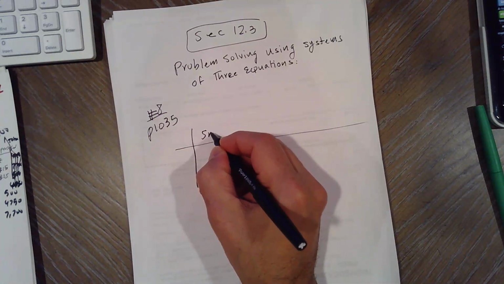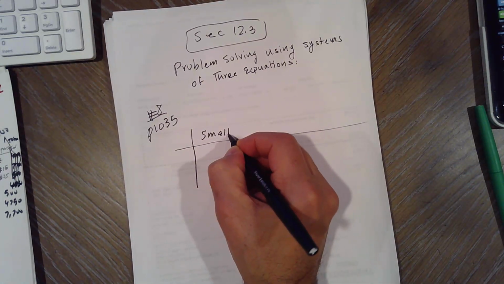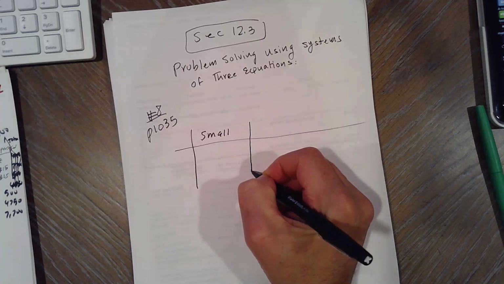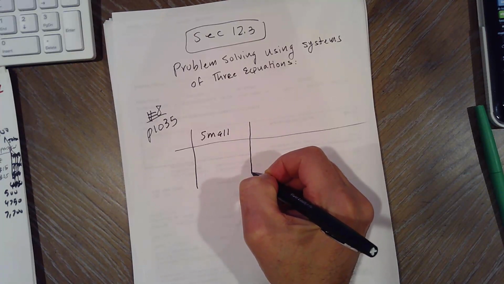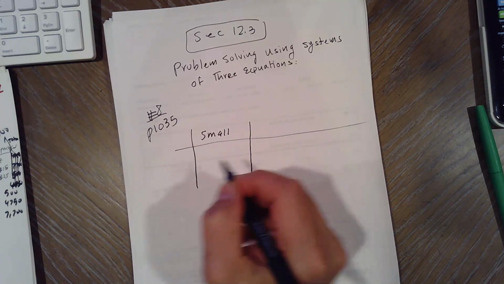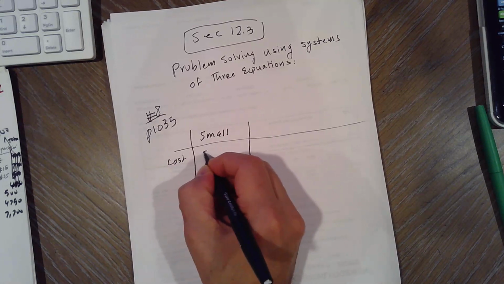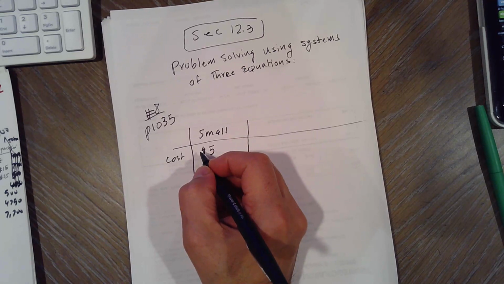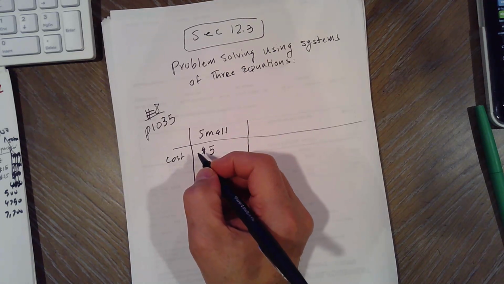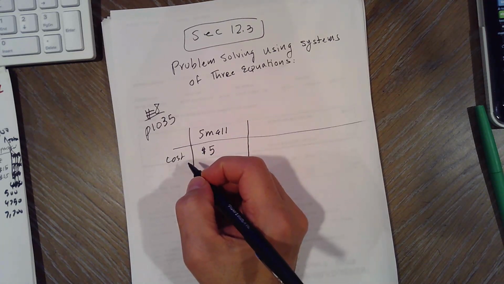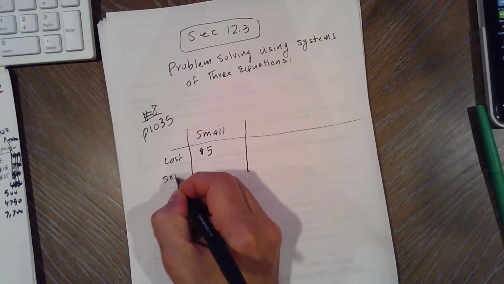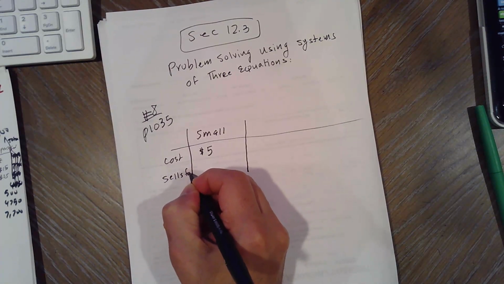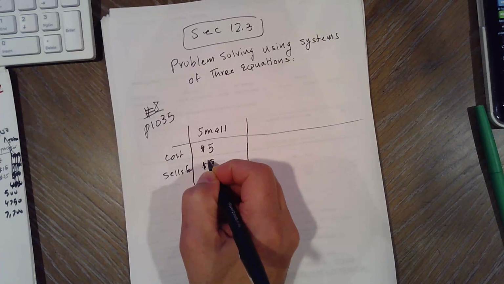There's the small puppet that costs $5 to make, and it sells for $8 each, a profit of $3.